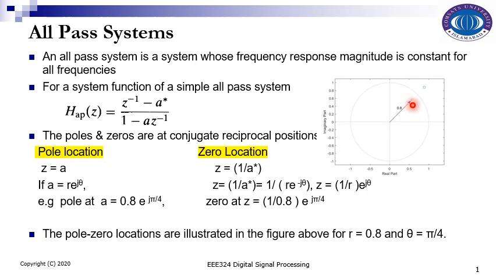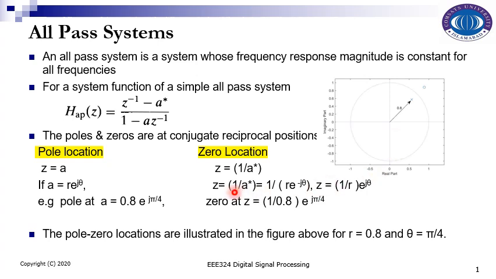The zero is at the conjugate reciprocal position, which is 1 over 0.8 e to the j pi by 4. 1 over 0.8 is 1.25, so it's outside the unit circle, but the angle is the same, pi by 4.